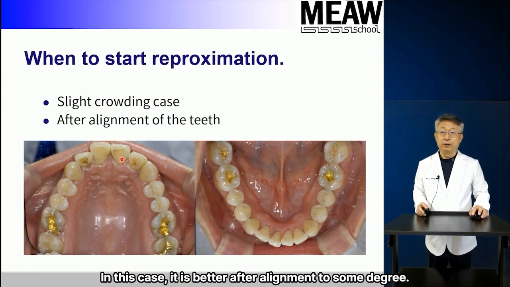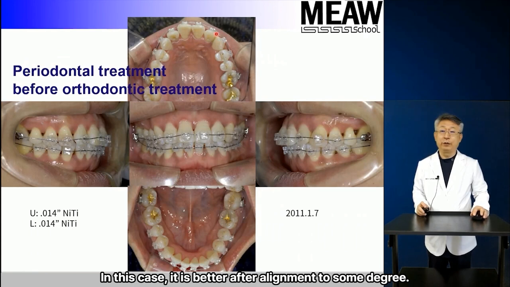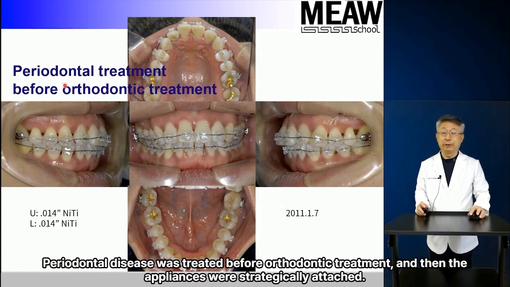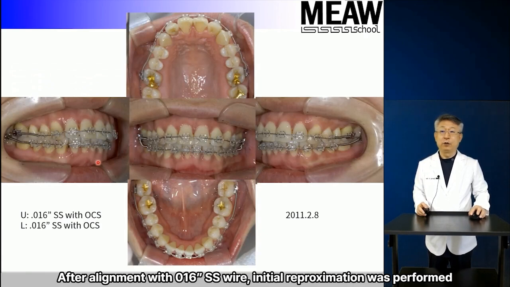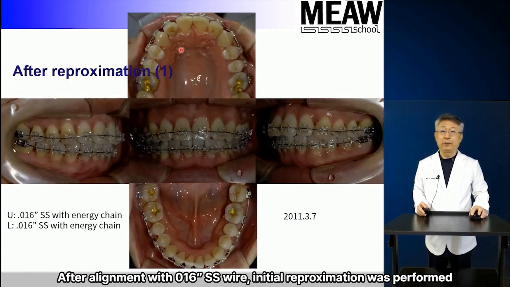When is it better to start reproximation, before or after alignment? In this case, it is better after alignment to some degree. Periodontal disease was treated before orthodontic treatment, and then the appliances were strategically attached. After alignment with 0.016 SS wire, initial reproximation was performed.